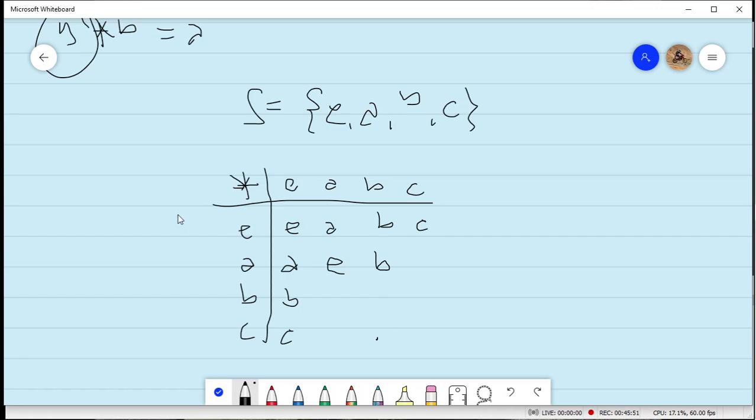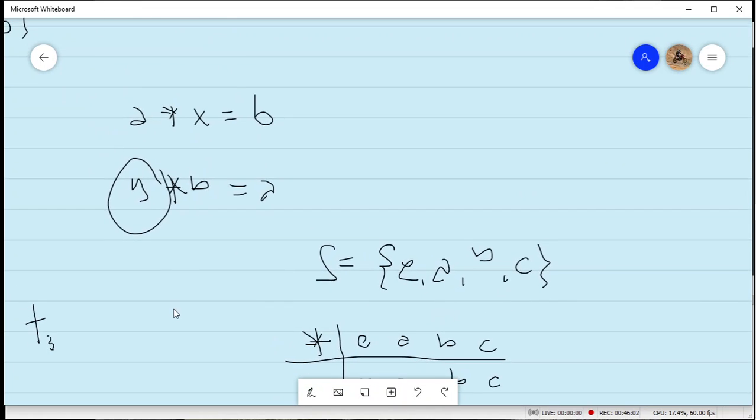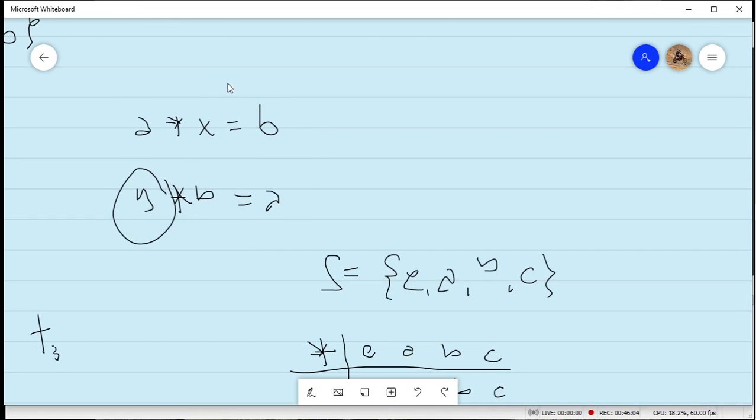Okay? As I have said in our earlier argument, all elements should be found in each row and all elements should be found in each column, by virtue of this, that there should always be solutions to y and x in these linear equations.